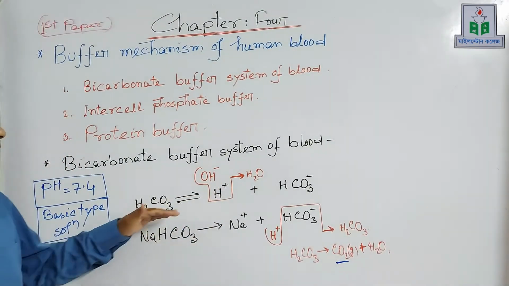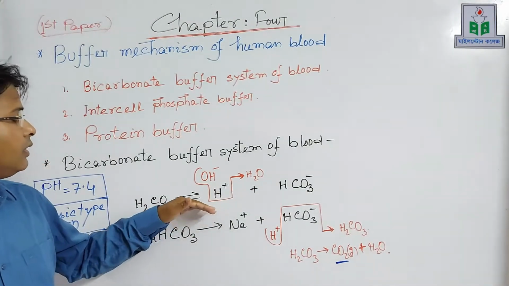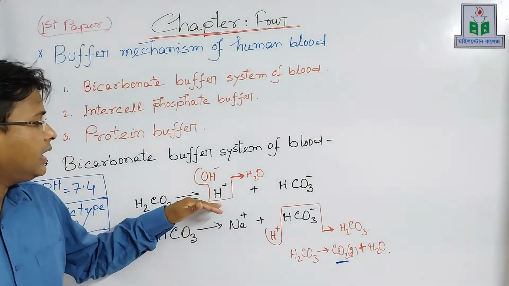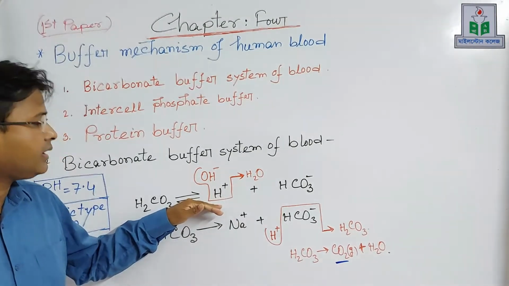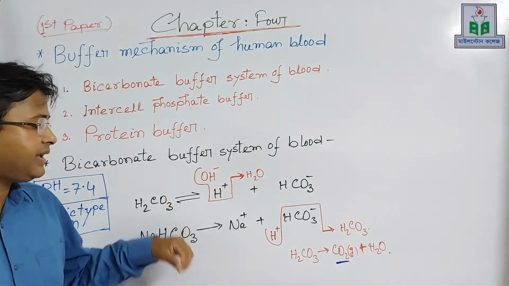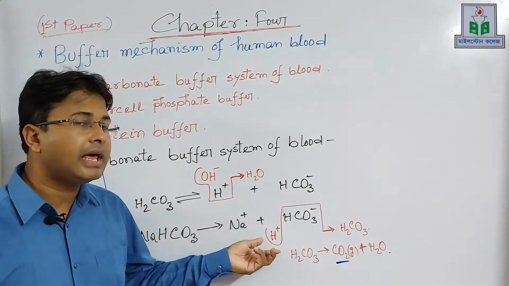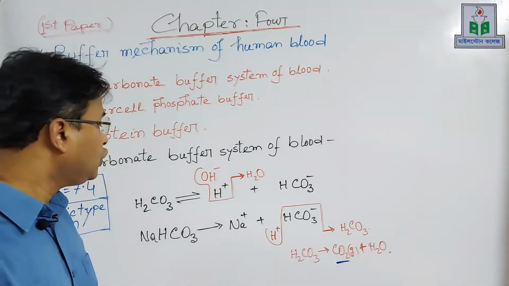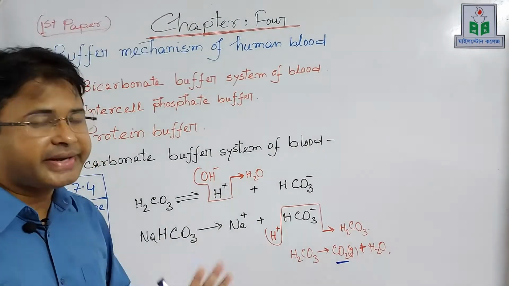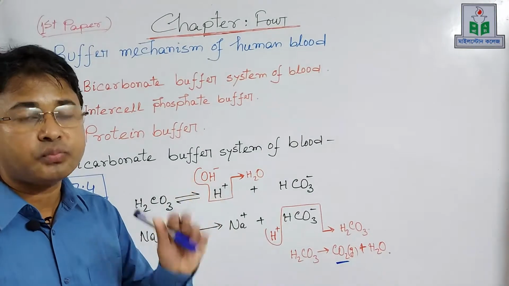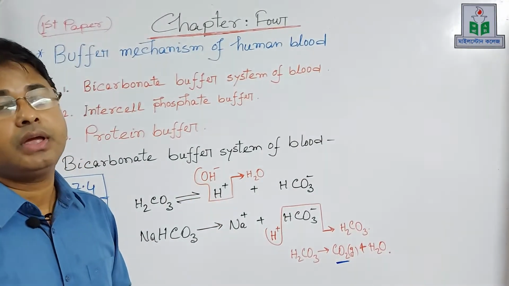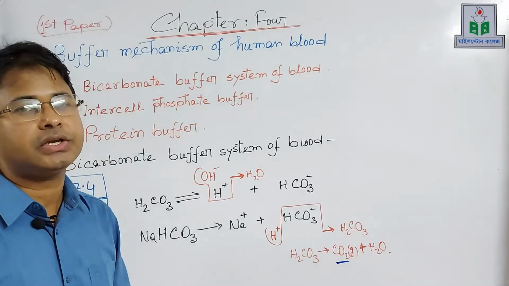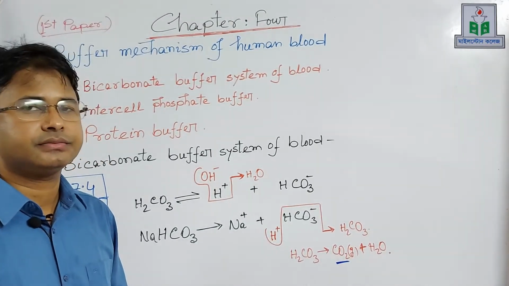As a result, the pH value of human blood remains unchanged after absorbing a small amount of base or acid. By this process, human blood protects against the change of pH value after absorbing a small amount of acid or base.